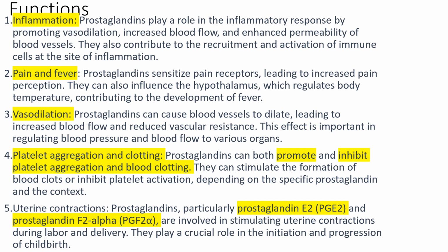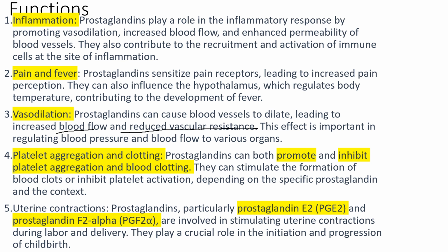Pain and fever: prostaglandins sensitize pain receptors, causing increased pain perception. Vasodilation: prostaglandins can cause blood vessels to dilate, causing increased blood flow, and this also causes flushing. Flushing means blushing, kind of.